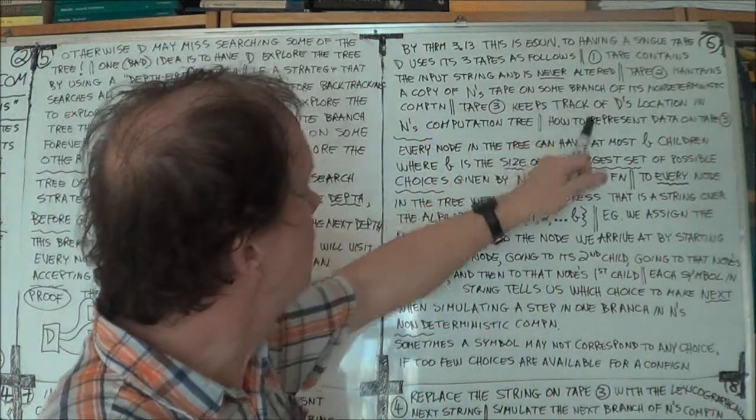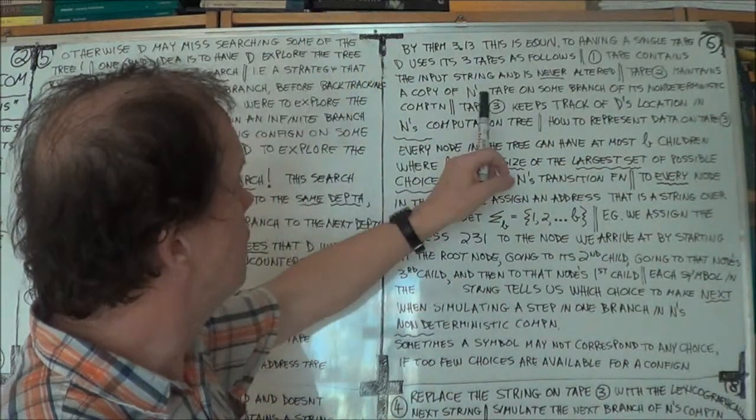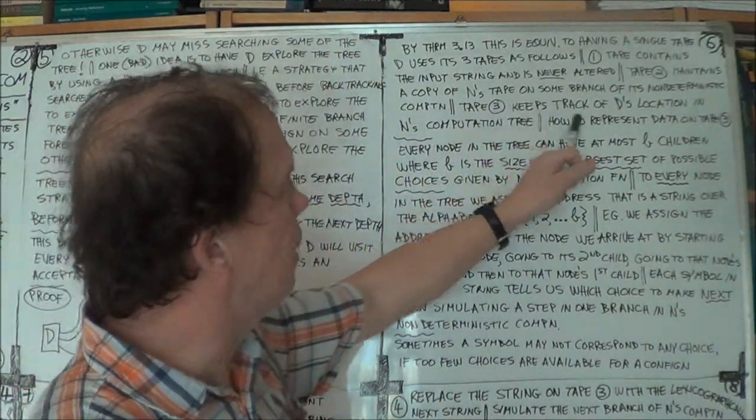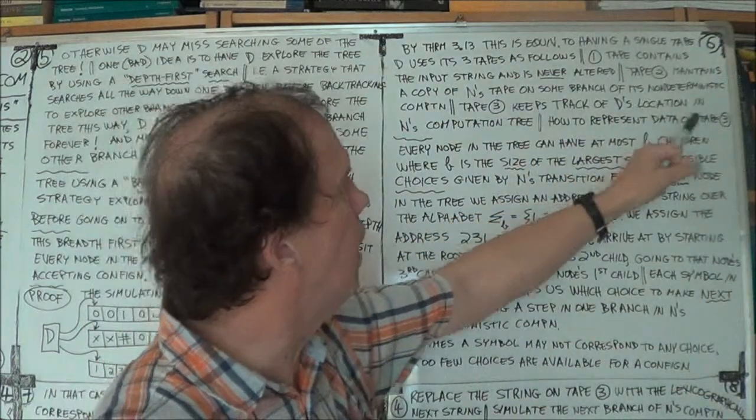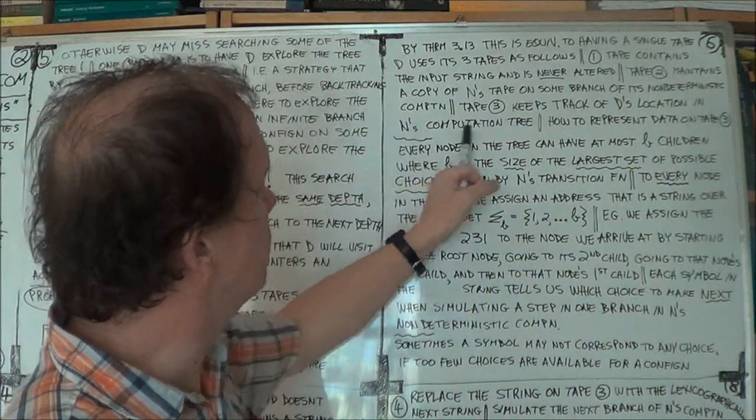Okay, now tape 3. That just gives you the address of where your node is, where you are in your computational tree.